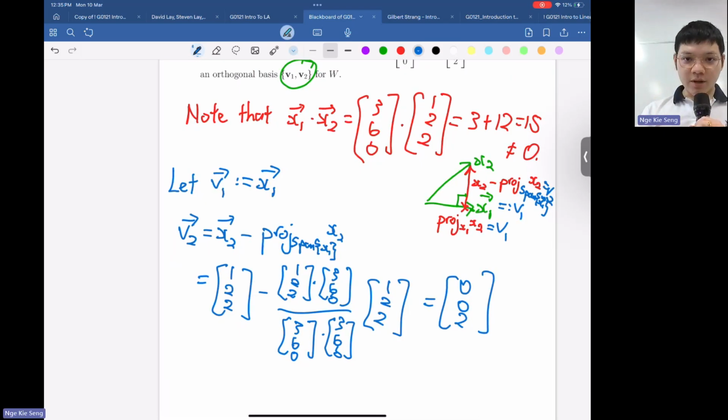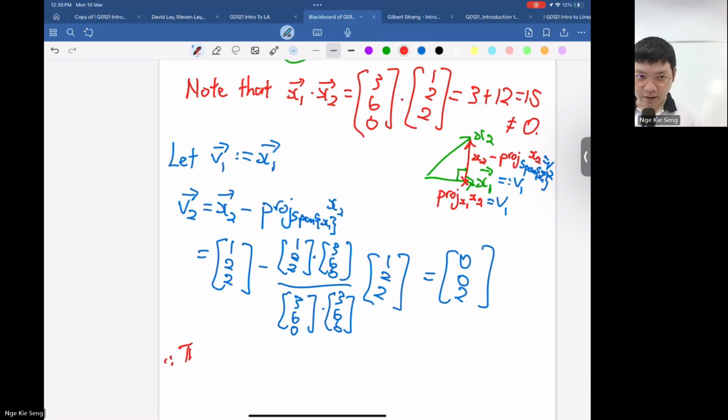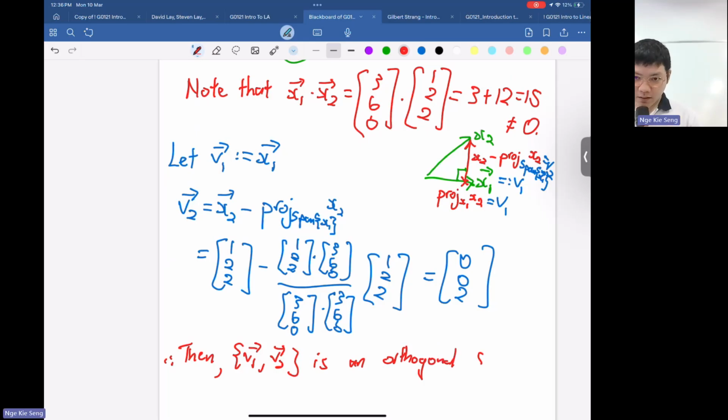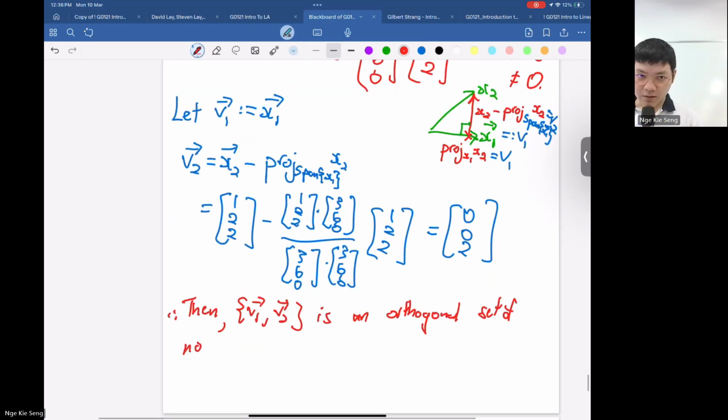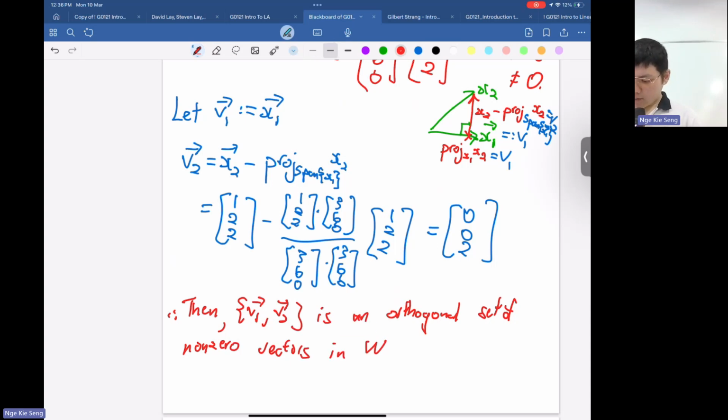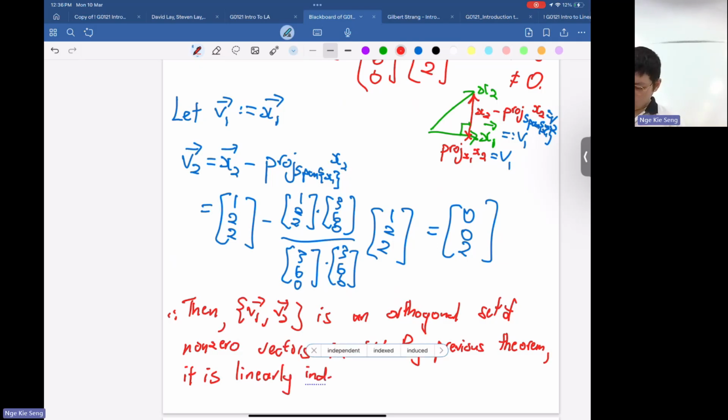So what do we have here? We'll say that v1, v2 is an orthogonal set of non-zero vectors in W. And we know that orthogonality implies linear independence by the previous theorem, so it is linearly independent.